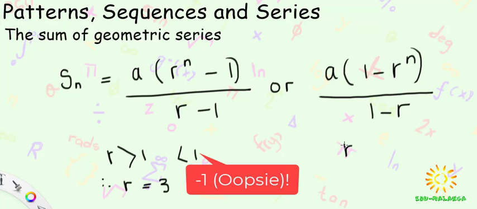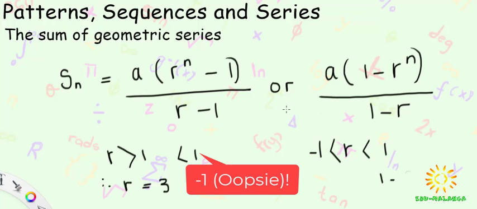And if your r is a fraction, so negative 1 is less than r, which is less than 1, a number that falls in between, then it's easier to use the other formula because you're going to have 1 minus a fraction, and then it becomes easy for you to solve. I hope you're still with me.